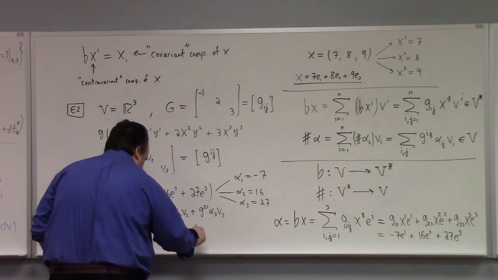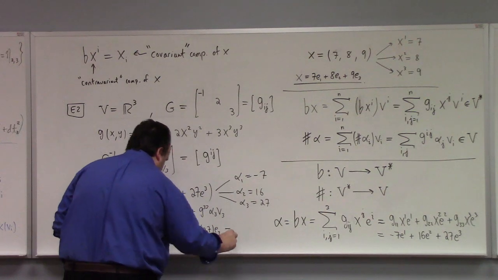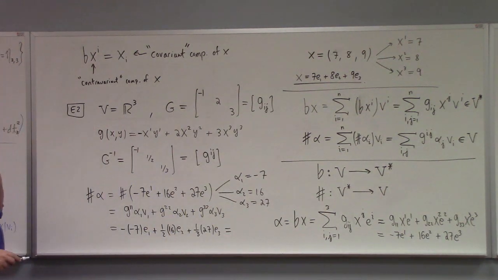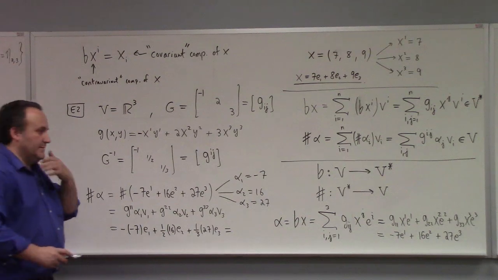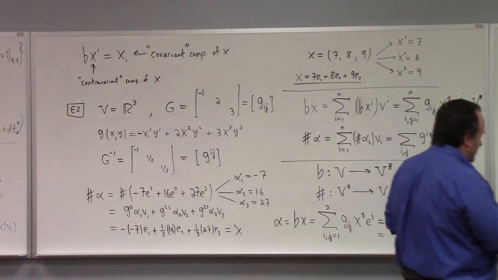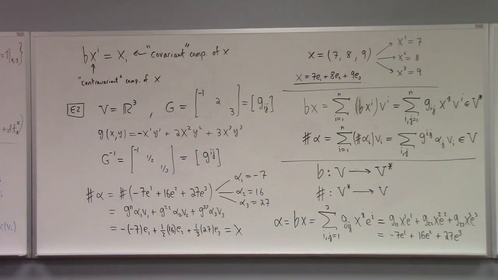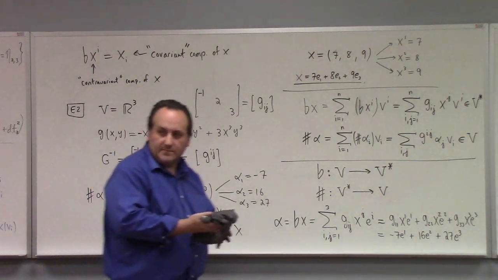And then plus 1/3 of 27 E3. What do I get? We get back X again. So what we've just demonstrated for my example is that the flat and the sharp are inverse maps.